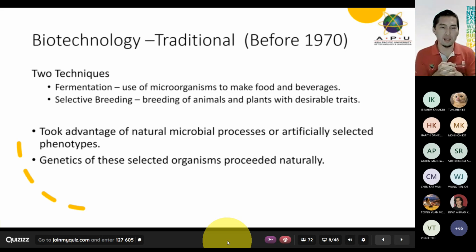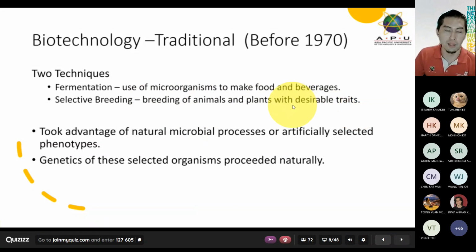Based on these two points of fermentation and selective breeding, I think you all can understand that aspects of farming, aspects of agriculture, are how biotechnology first started. This is the main message of this slide. Selective breeding here can go for both breeding of animals or even of plants. But of course, the whole idea is something with a desirable trait that you want to try identifying.